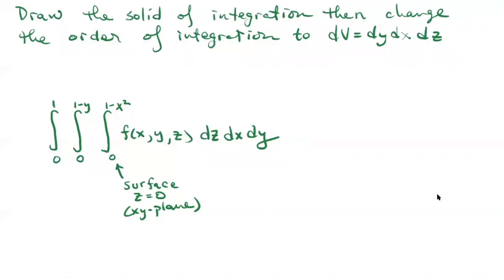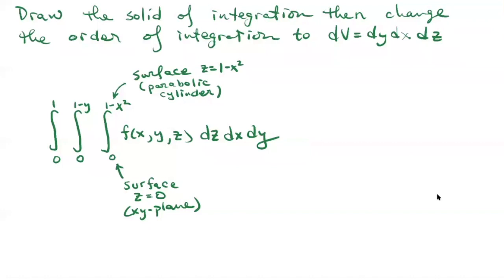The upper limit on z is also a surface. It's the parabolic cylinder. So it's z equals 1 minus x squared, and in parentheses, parabolic cylinder.